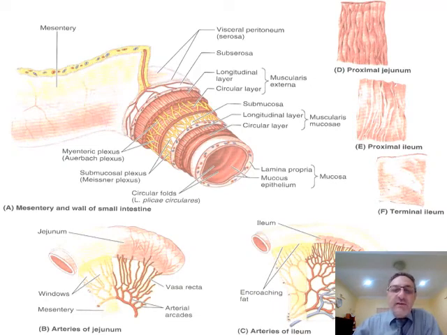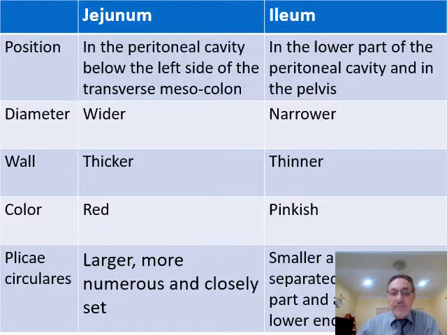Here are the different layers of small intestine. This is the jejunum and this is the ileum. In the jejunum, you see the arcades of blood vessels, the arterial arcades. There are fewer, only one or two rows here, and here we have more, 3 to 4 arcades in the case of the ileum.